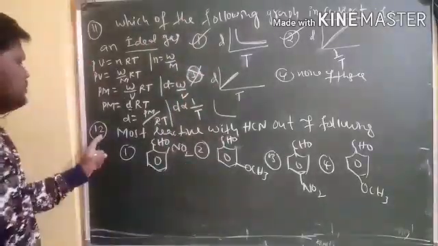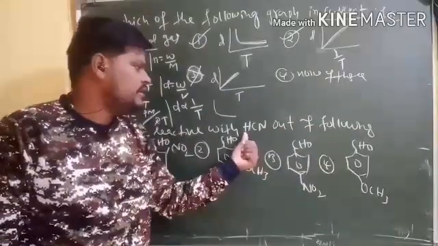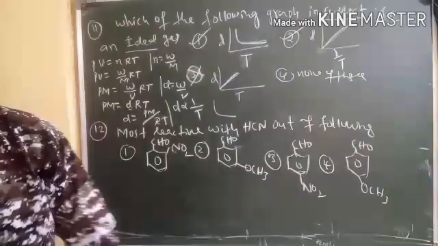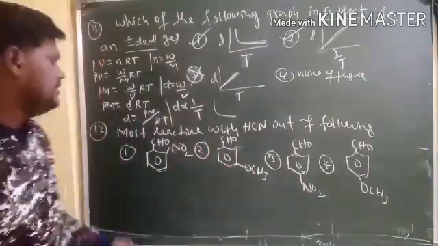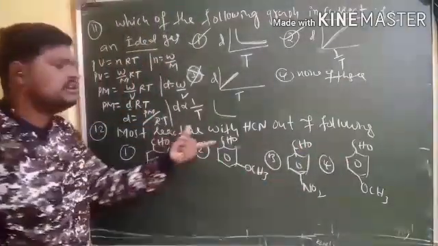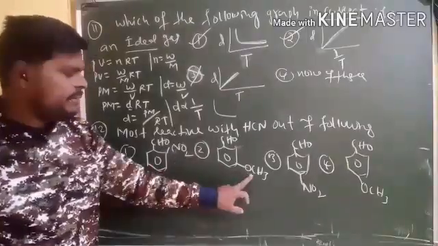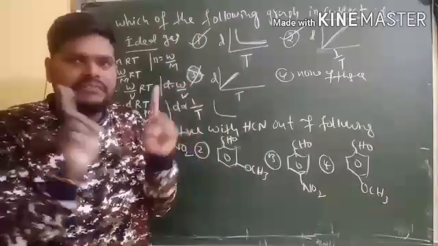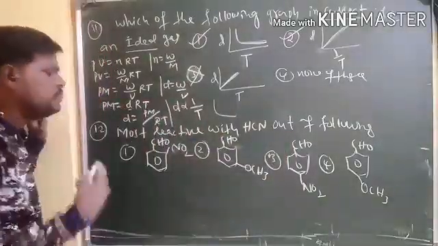Next one, 12th one. Most reactive with HCN out of the following. Usually hydrogen cyanide undergoes nucleophilic addition reactions, right? Here you know what? CHO, CHO, CHO, CHO, all options have only CHO in common. And here NO2 and methoxy. So you should first compare the nitro group and the methoxy group. Which is more priority here?